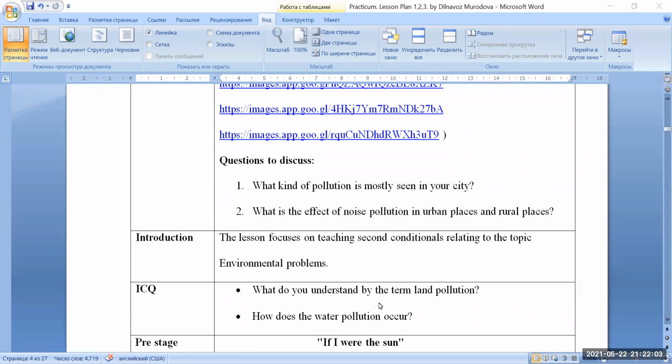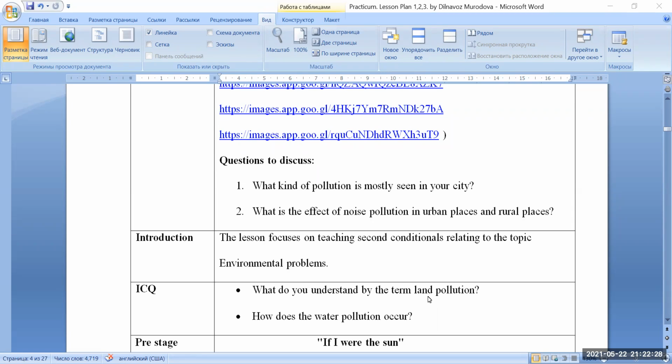And what do you understand by the term land pollution, guys? What is land pollution? Aziza mentioned land pollution in her city. Is there someone?